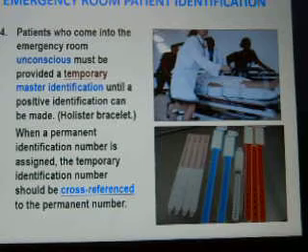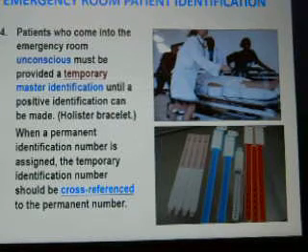So, patients who come into the emergency room unconscious may be provided a temporary master identification until a positive identification can be made. This is that Hollister bracelet, okay? And there are some pictures of some different Hollister bracelets that are out there.